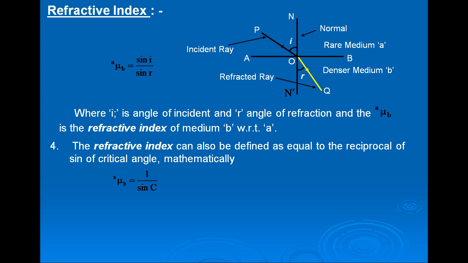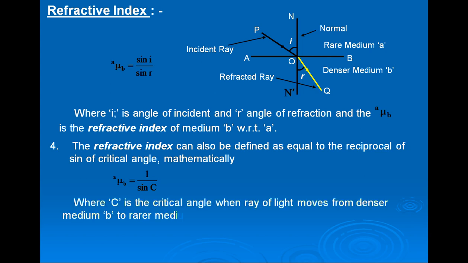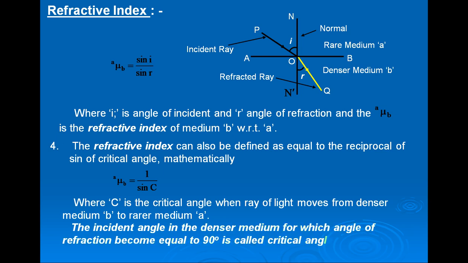So mathematically, A mu B is equal to 1 upon sine C, where C is the critical angle when a ray of light moves from denser medium B to rare medium A. The incident angle in the denser medium B, for which the angle of refraction becomes equal to 90 degrees, is called the critical angle.